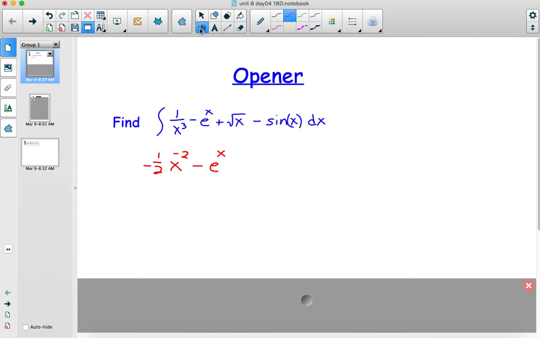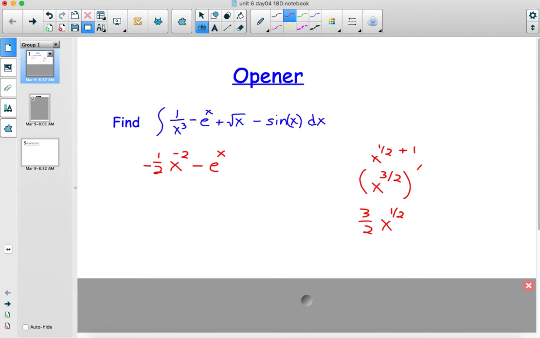Alright, let's look at the square root of x. Now we want to think of that as x to the 1/2 power. So before we took the derivative, the exponent should have been 1 higher than that. So if I add 1 to that, I'm going to get x to the 3/2 power. But if I take the derivative of x to the 3/2 power, I get 3/2 x, and then when I subtract 1, I have 1/2 power. That's close to what we need, except we don't need the 3/2.